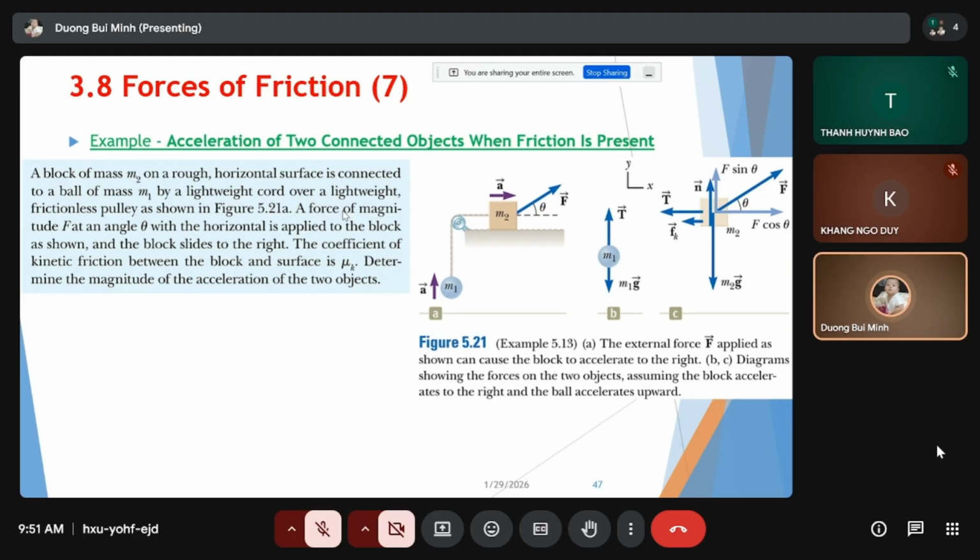If this is the acceleration, then this one will also be the acceleration. In the same system, we have the same acceleration vector, right? So here we have F, and we have this angle theta. We need to determine the magnitude of acceleration of the two objects.